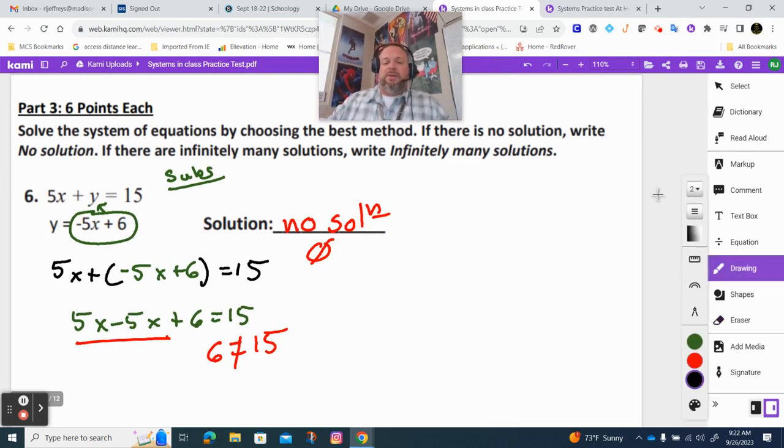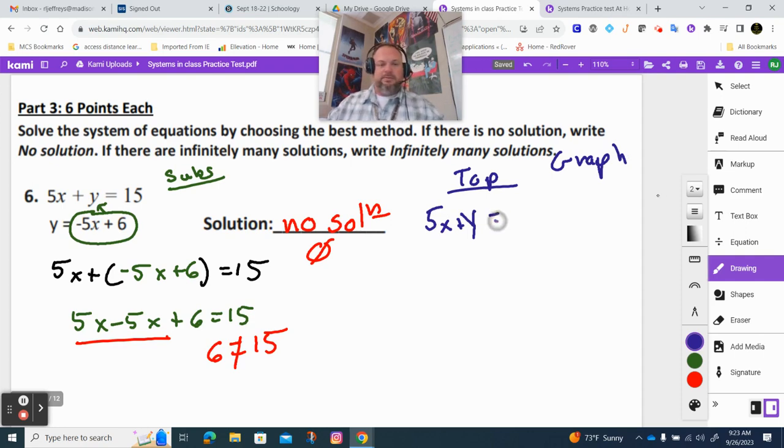Okay. If I left the bottom alone, let's work with this top one right quick. So for the top one, this is by graphing. I need this y by itself.